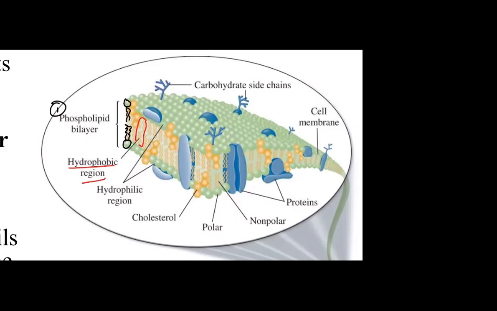Now, when it comes to the phospholipid bilayer, we also have a hydrophilic region. And when it comes to this hydrophilic region, notice that that is going to be the polar heads. But again, that makes sense. That area of the molecule is going to be polar, so it can interact with water. That's why it's hydrophilic, in love with water.